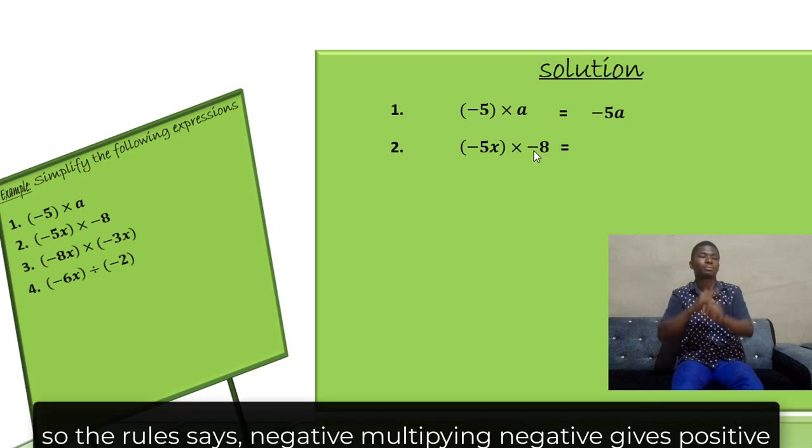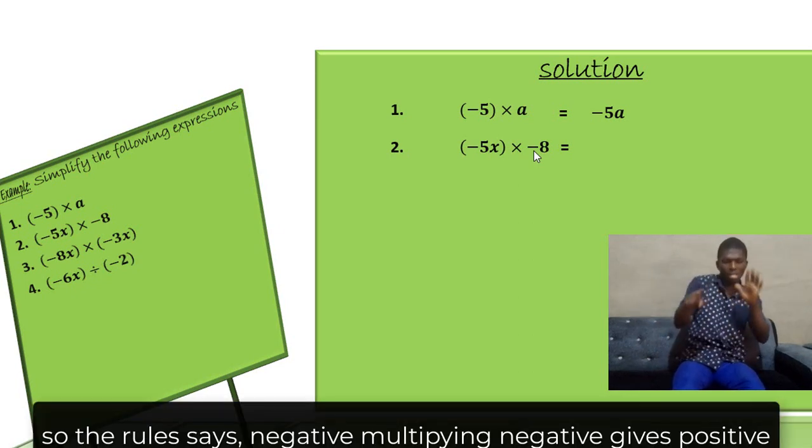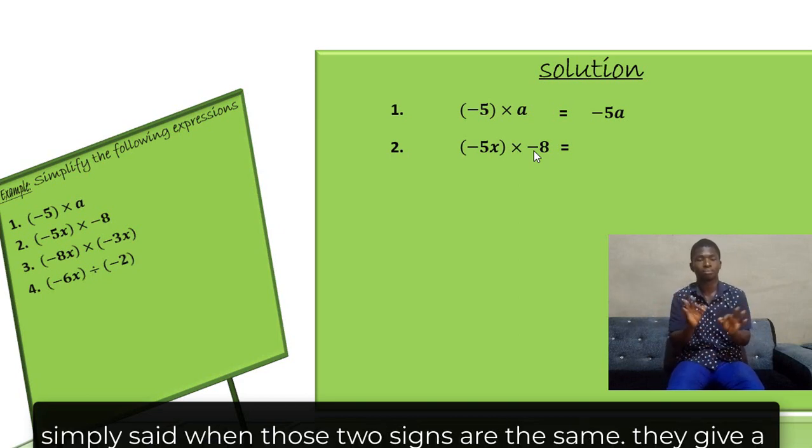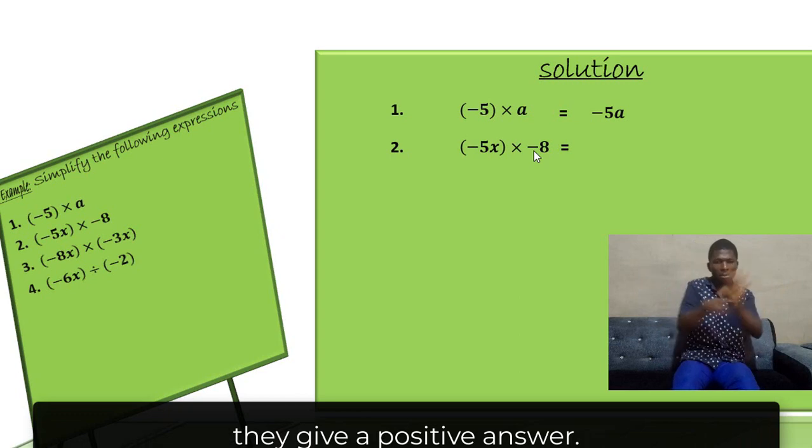When positive also multiplies positive, it becomes positive. Simply said, when those two signs are the same, minus multiplying minus is positive, plus multiplying plus is also positive. Okay, so let's look at the example here.